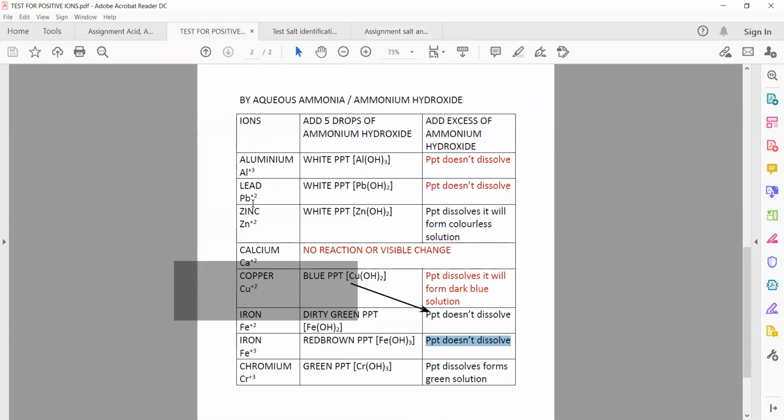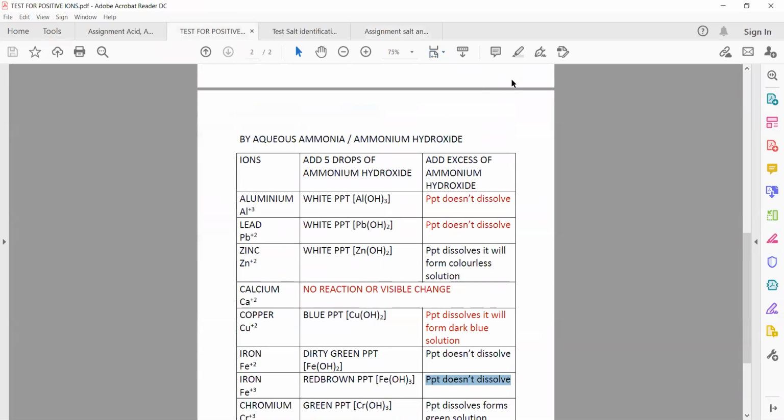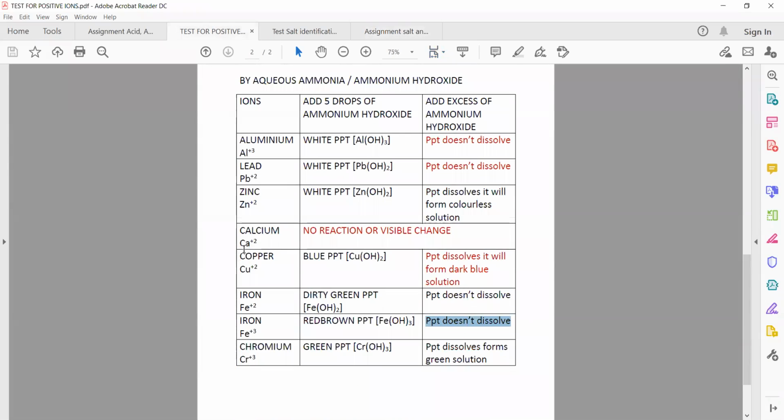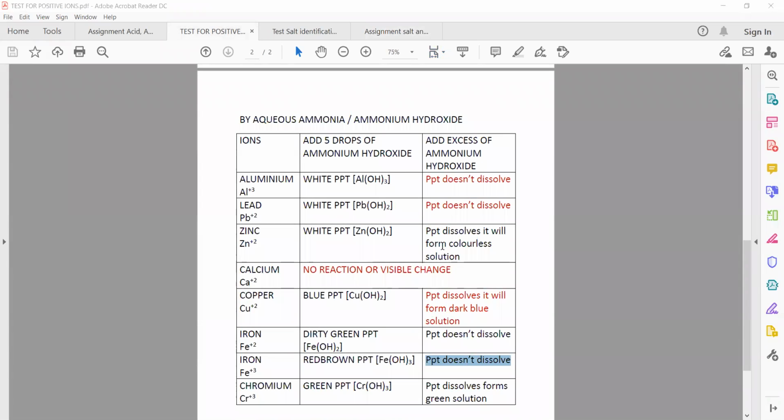With excess sodium hydroxide, the precipitate dissolved to form a colorless solution. Yeah, that's right.